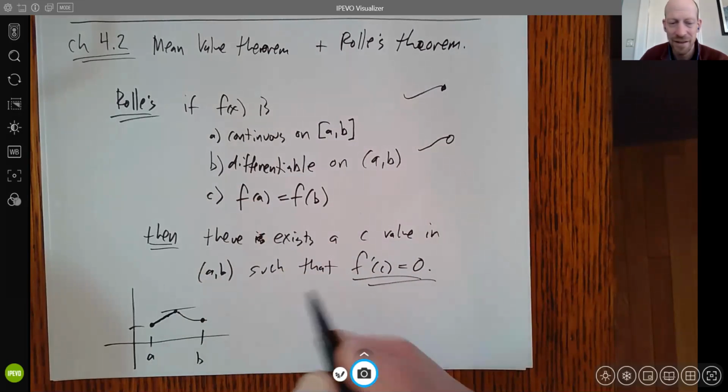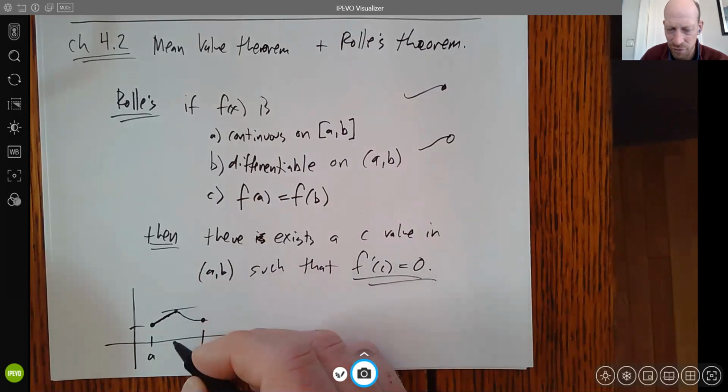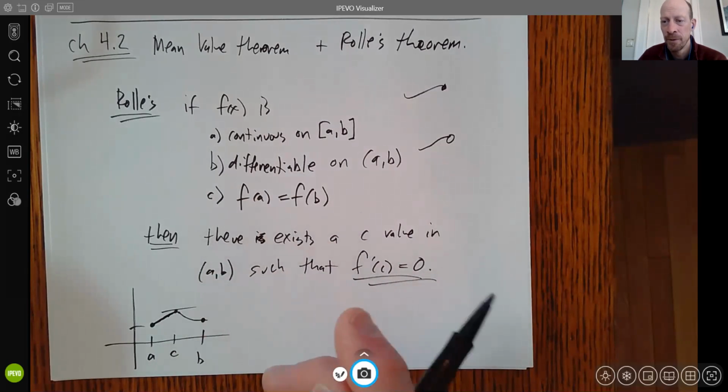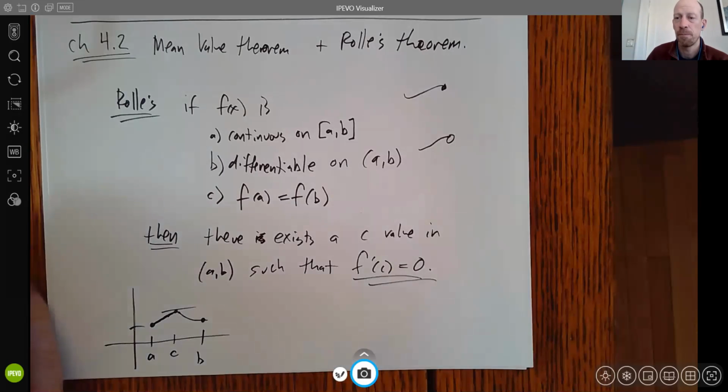And as soon as I come back down, it turns out that the derivative there has to be 0. So that would be the value of C that was guaranteed by this theorem. You can have multiple C values where the derivative is 0, that's fine. But you have to have at least one. That's what this theorem is saying.